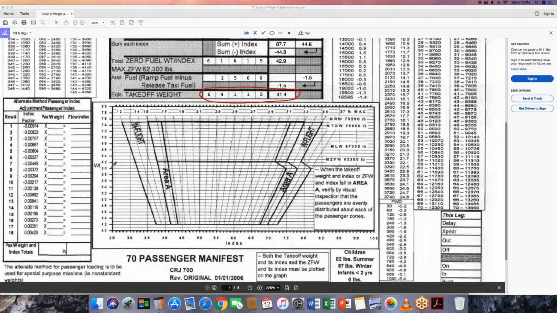So we come up to 64,115, which would be somewhere right above this line. And then find our index down below, right? Okay. Which would put us somewhere about right there, right? Is it below our max landing weight?